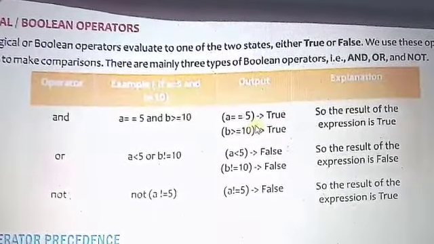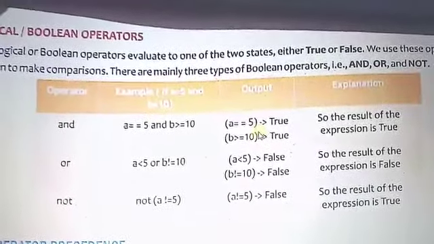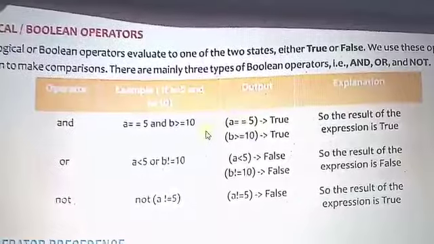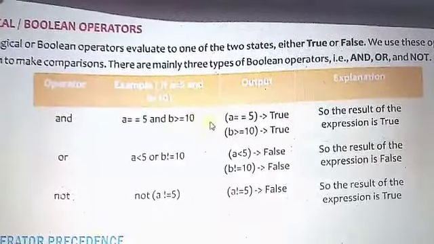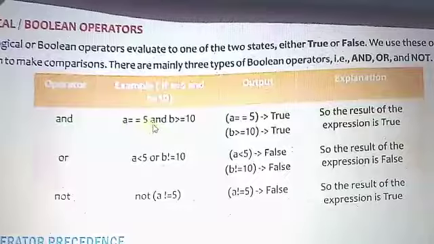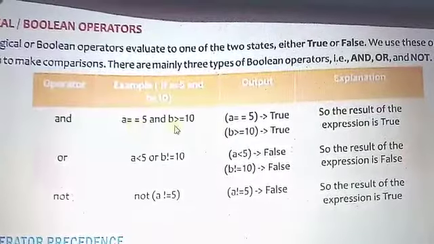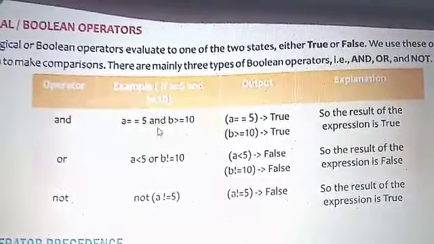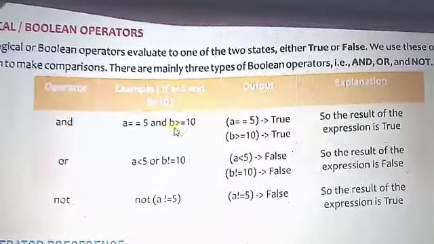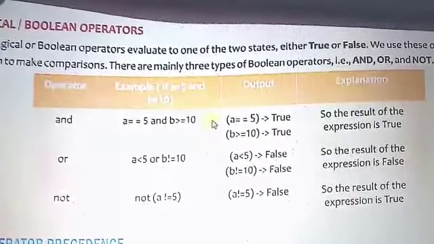Otherwise, it returns false. What does that mean? If the first expression evaluates true and the second expression evaluates false, the output is false. If the first expression evaluates false and the second evaluates true, the output is again false. If both expressions evaluate false, the output is false.